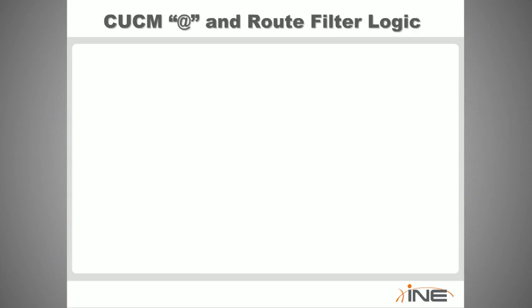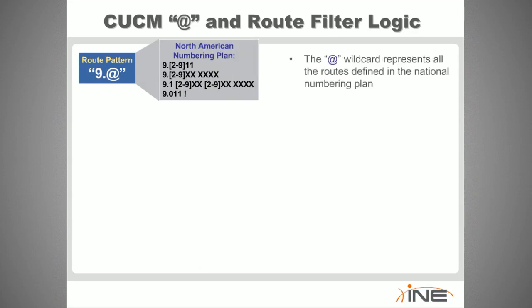So looking at the @ symbol and route filter logic, we're not going to go too much into route filters and numbering plans, but we do need to have at least a basic understanding, and if desired, we can certainly look more at those at a later time. So if we have a route pattern such as 9.@, this is much more specific to the North American numbering plan.